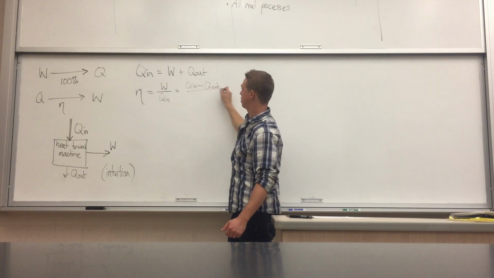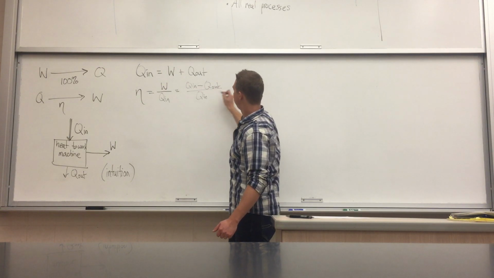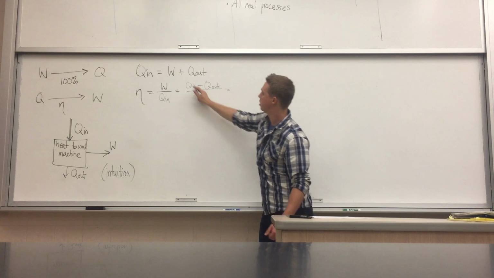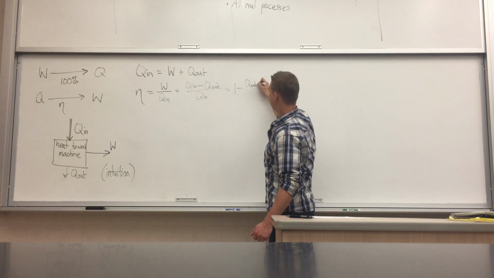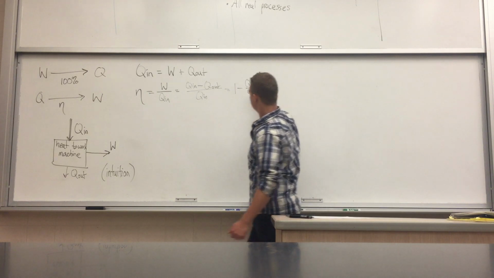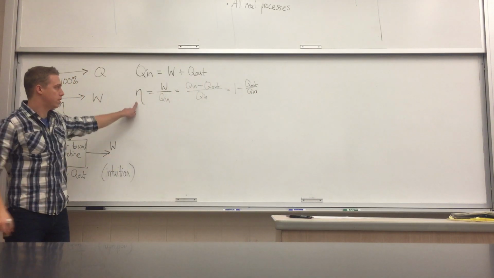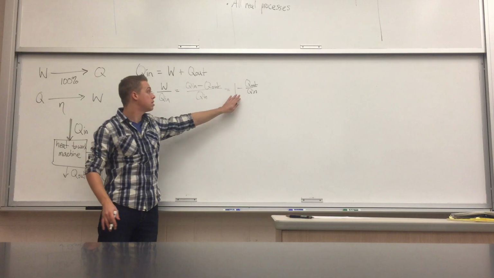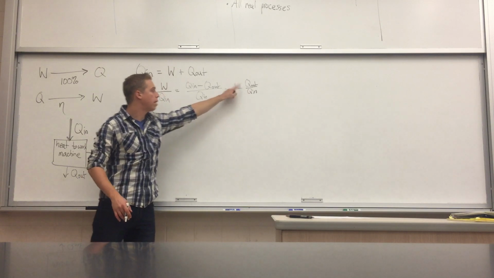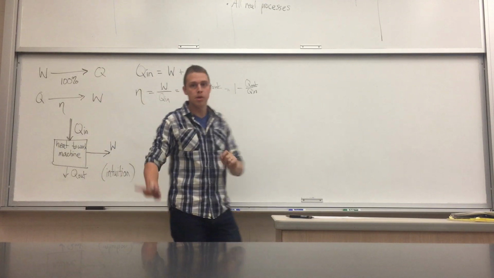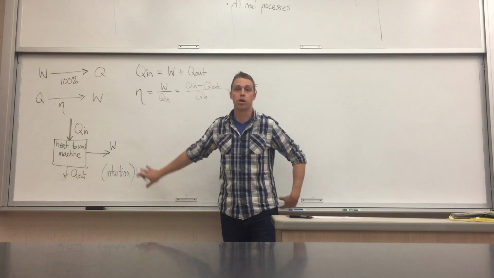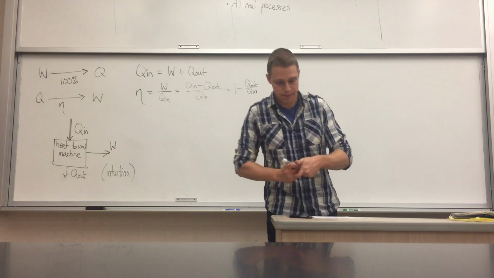That's the same over Q in. And this here can be simplified down to 1. So this is not doing anything profound. I'm just rewriting this efficiency in a different way that you may see it sometimes. So it can be written as 1 minus Q out over Q in. This is all pretty straightforward from our study of this heat to work machine, all right?